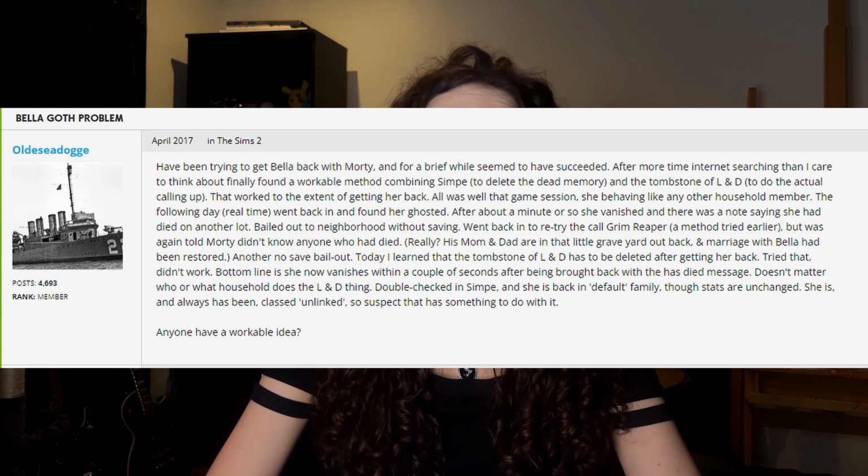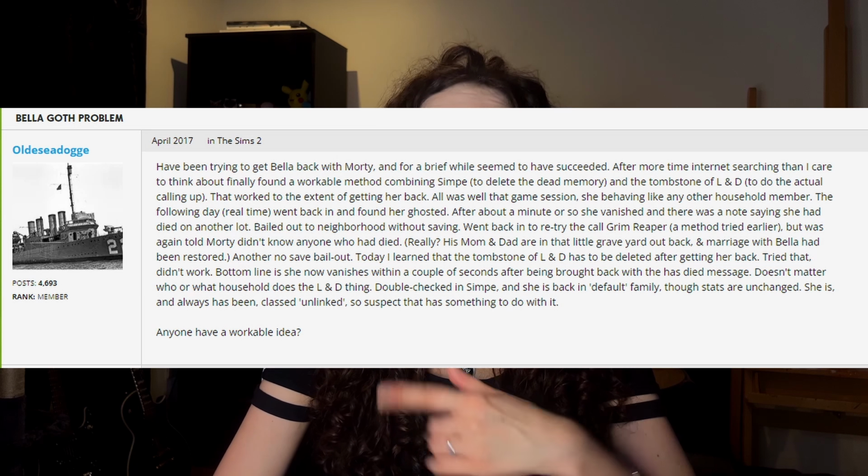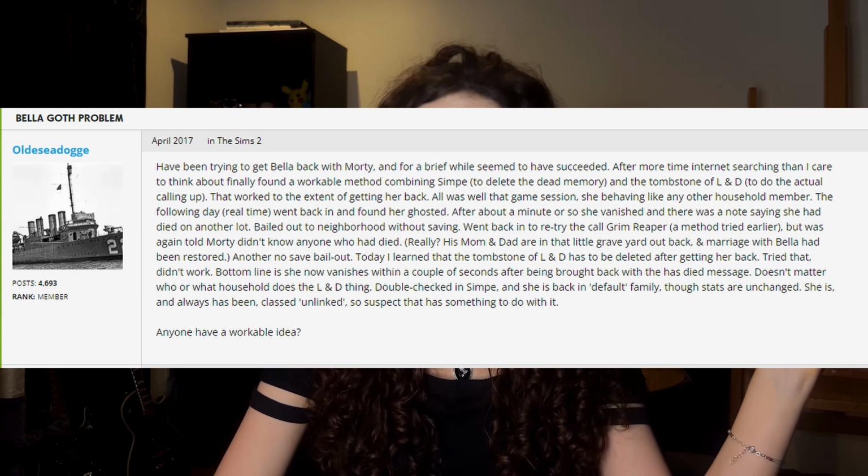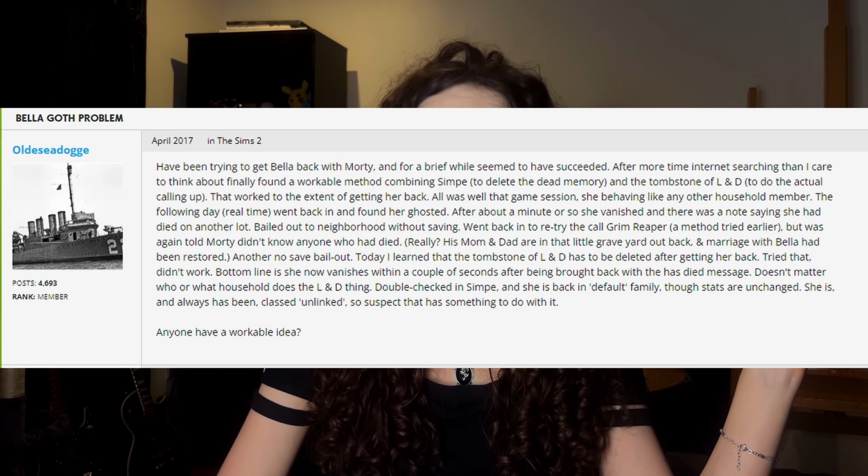But the gist of it is that any sim who has this token will die, if not dead already, and disappear. Since the function that looks for this token is only fired off during loading of the residential lot, most players will only see the effect of it when they save the game and come back to that household during the next play session.